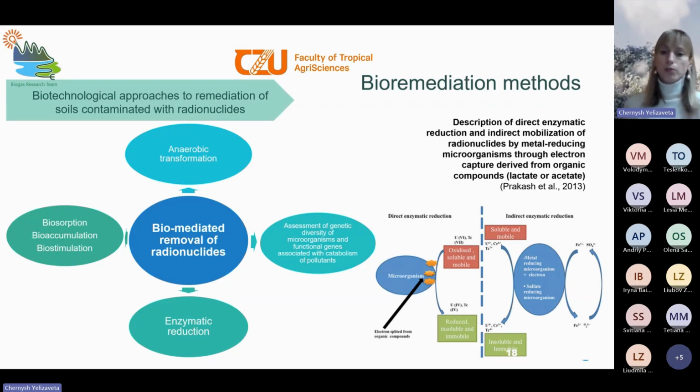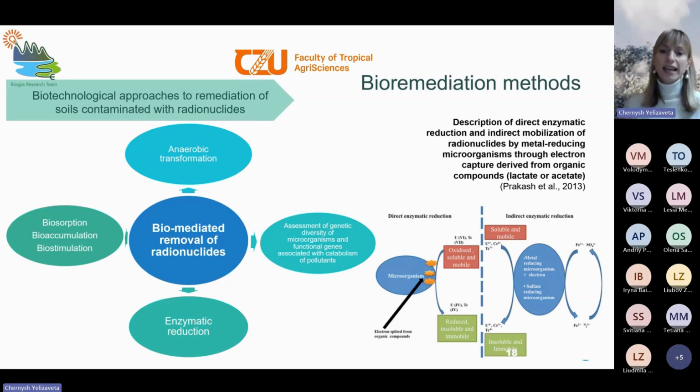When we introduce, for example, a preparation with useful groups of microorganisms into soil in situ, we can also introduce some nutrients, some type of medium that would support microorganisms to adapt to this type of condition, with more effective biomass growth and stimulated metabolic activity.